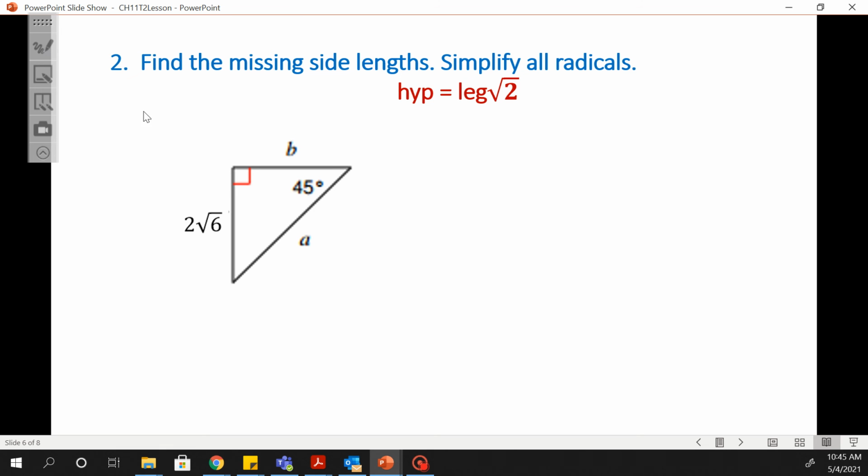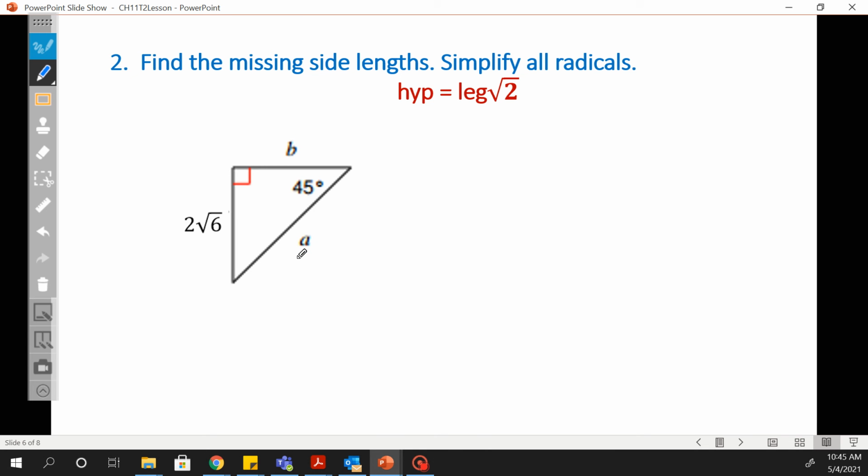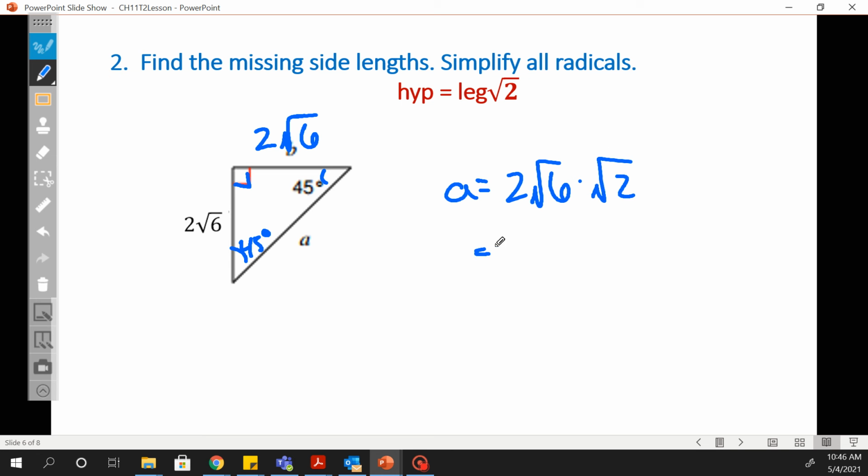Number 2, find the missing side length, simplify all radicals. This is 90, 45, which means this other one must be 45 degrees. I have one of the side lengths, which means I know that this side length is also 2 root 6. The hypotenuse is going to be the leg times the square root of 2. So the hypotenuse A is equal to the leg 2 square root of 6 times the square root of 2, which gives me 2 square root of 12.